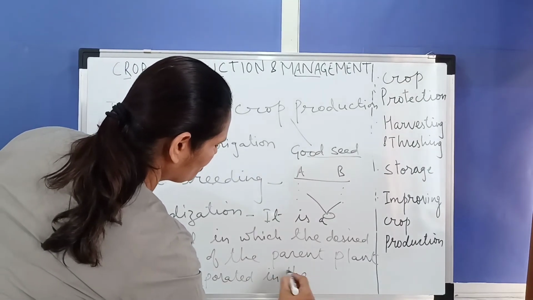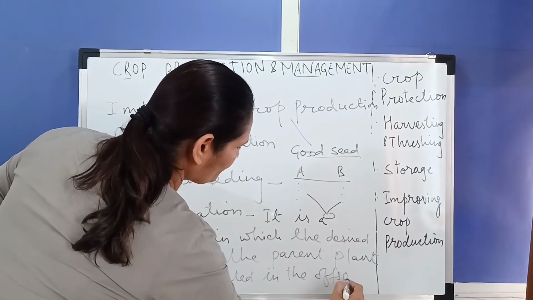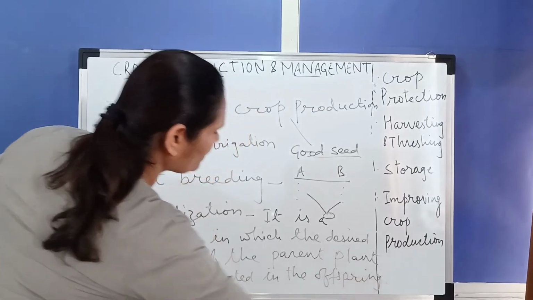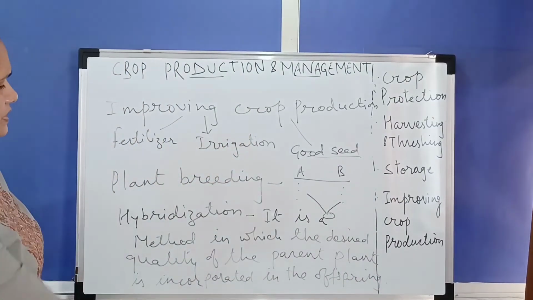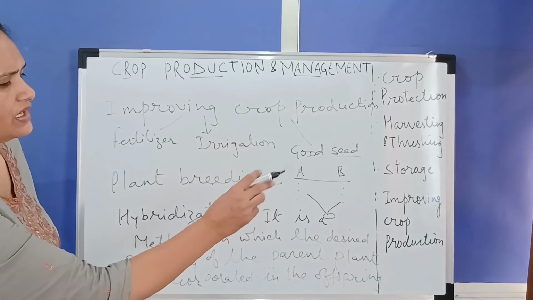In the offspring. Okay. So these are certain ways by which we can improve the crop production.